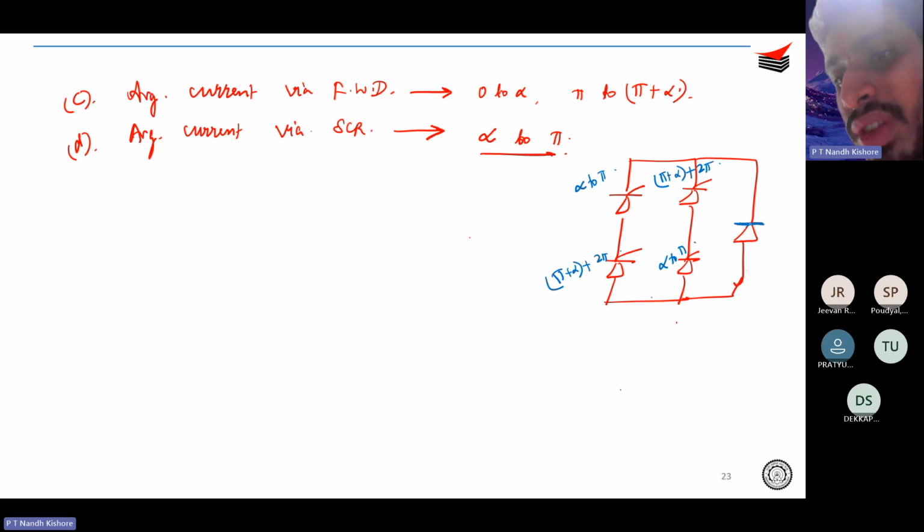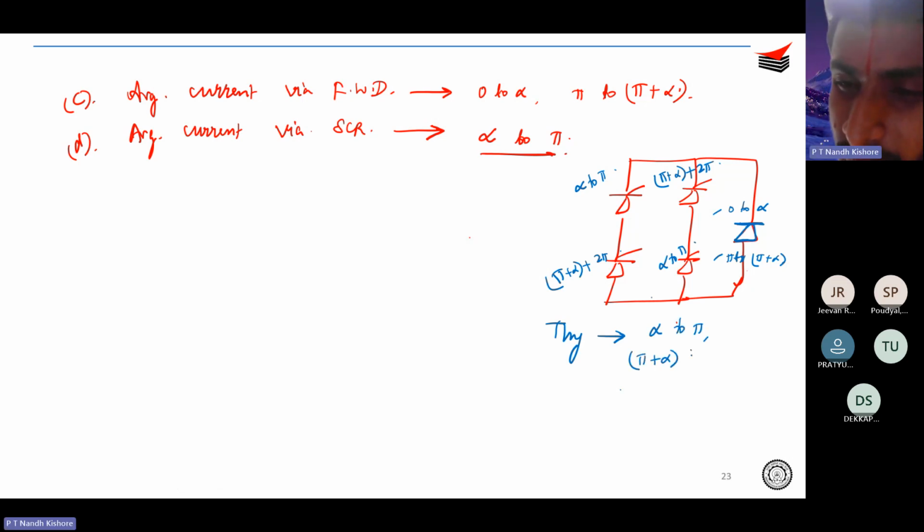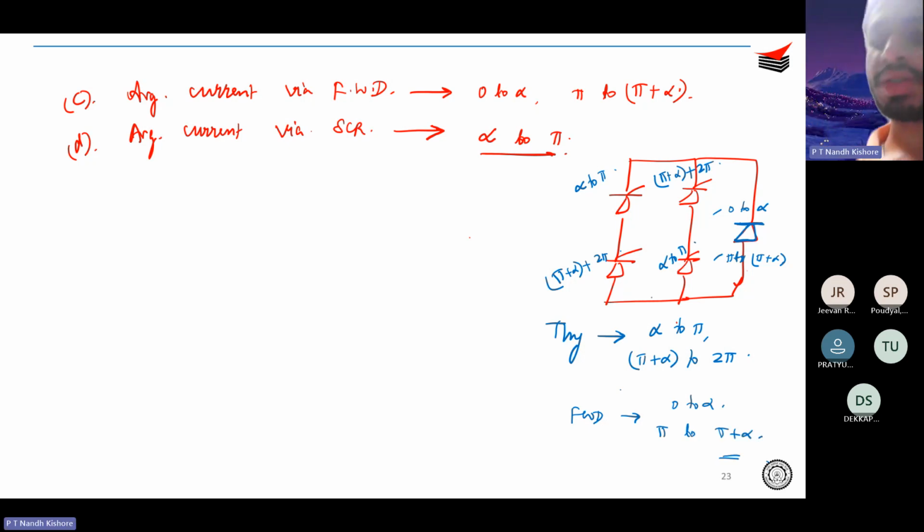And the freewheeling diode will conduct during the alpha period, 0 to alpha and pi to pi plus alpha. Got it? So the thyristors conduct from alpha to pi and then pi plus alpha to 2 pi, and the freewheeling diode conducts from 0 to alpha and pi to pi plus alpha. From this you can find the RMS and average both.